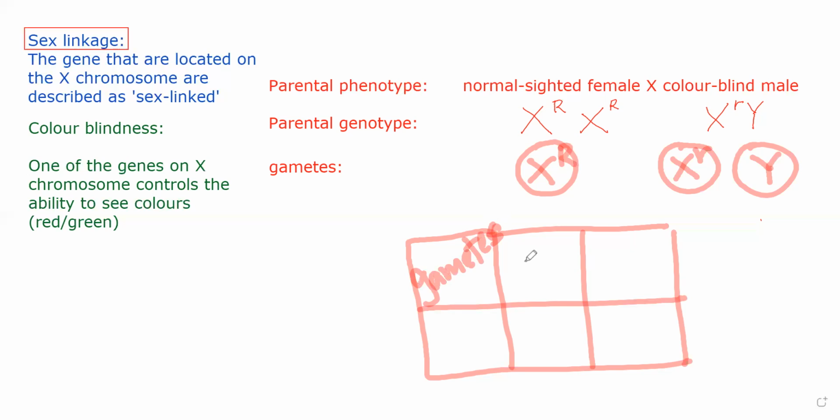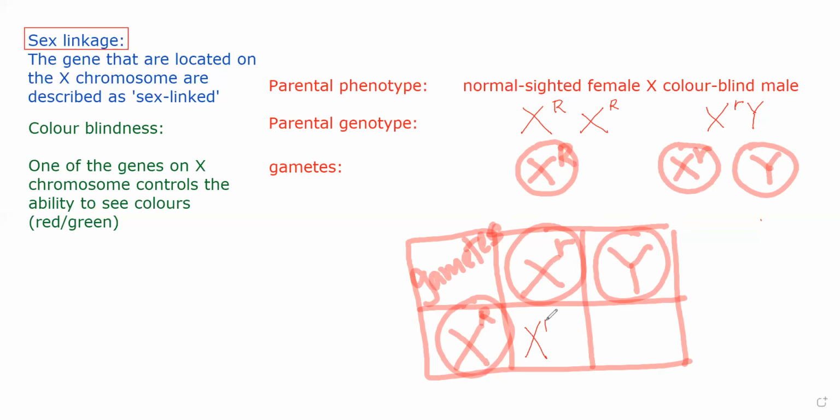Here I'll have X small r and I'll have Y. These are my two gametes, and here I'll have X capital R. Now, what is the probability? So I'll have X capital R X small r, and I'll have X capital R and Y.